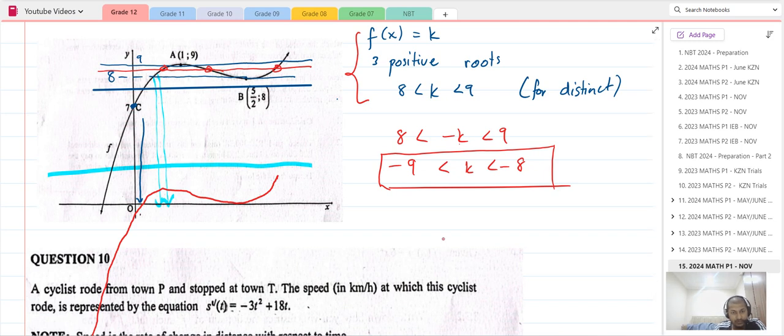So basically I went right down till 8. So k has to be greater than negative 8. I have to shift it more than negative 8, and more than negative 9.